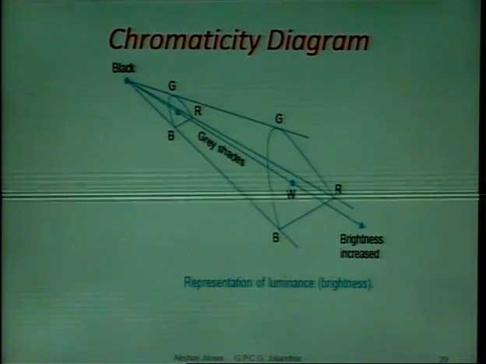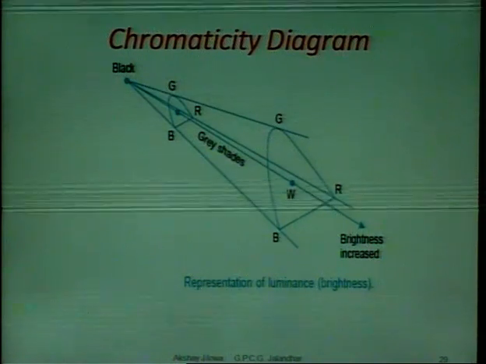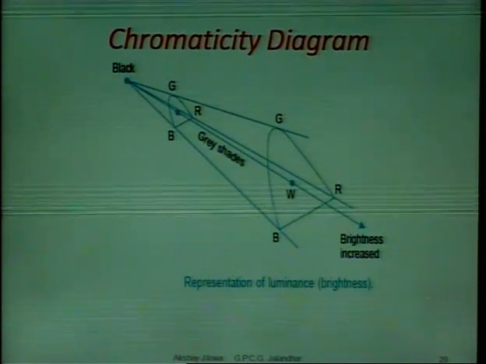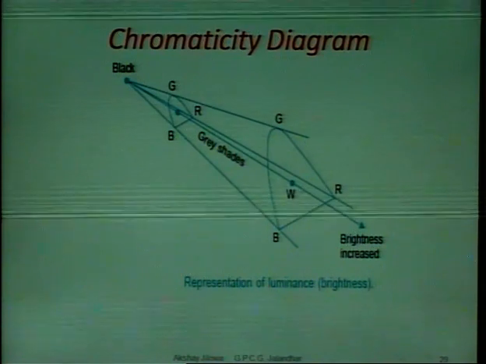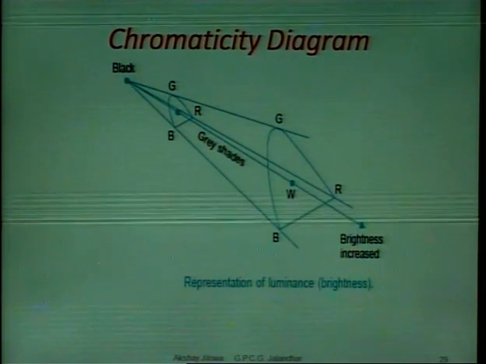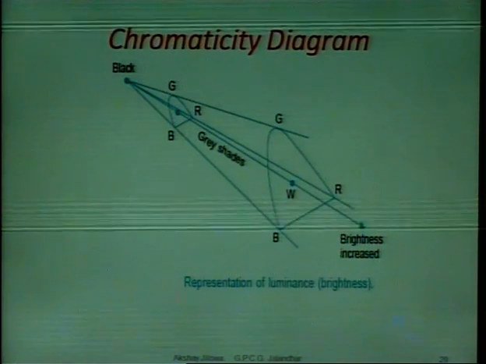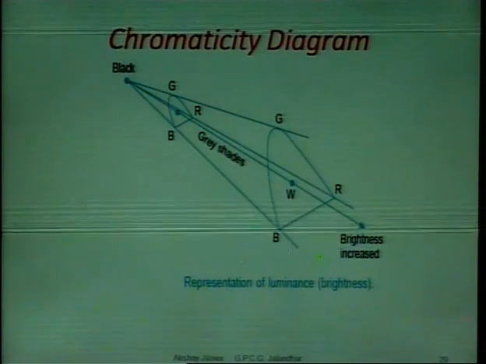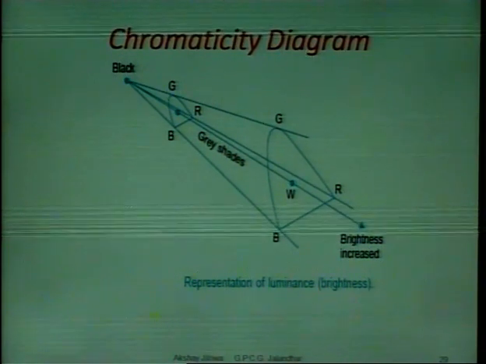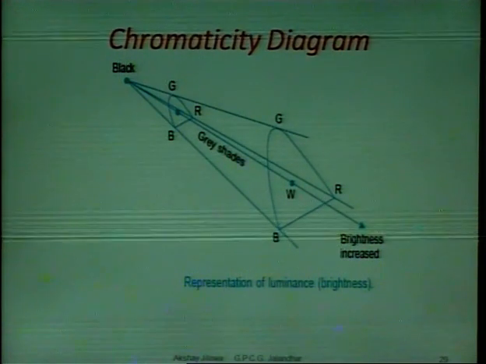This picture shows the 3 dimensional representation of luminance or brightness. Whenever we increase the brightness, the picture appears to come out more. So, white means pure bright.